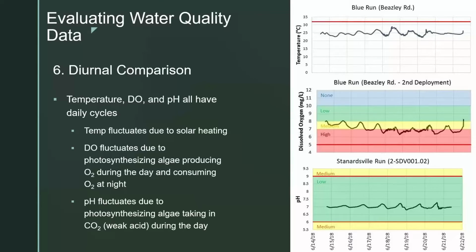Diurnal monitoring can also sometimes be useful even for sediment, because if you're monitoring turbidity, and if you have storm events during that time period, maybe the one or two weeks while the sonde is deployed, that can give you a good idea as to what type of sediment conditions you are seeing during and following storm events.